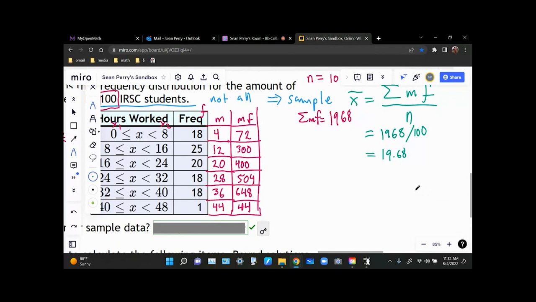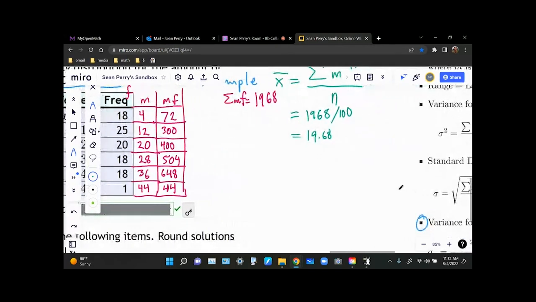So now let's come back and look at the next question, variance, so s squared. So we recall the formula for that. That's the sum of m squared f minus the sum of mf squared over n, all over n minus 1 for samples. So the only thing we're missing right now is m squared f.